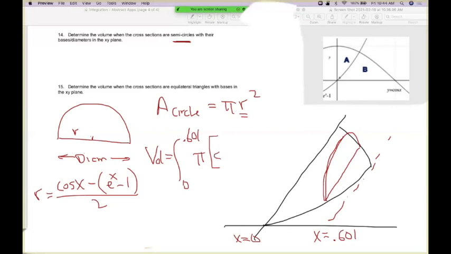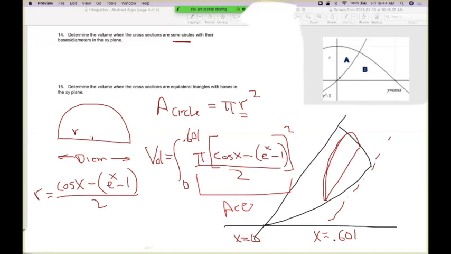We've got the cosine of x minus this quantity e to the x minus 1. There's pi r squared if this were a circle. Do not forget, we're looking at a semicircle, so we'll divide it by 2. And right there, this is our cross-sectional area. Last thing we've got to tack on is the thickness of this. We'll call that dx. And there you go. Put that into the calculator. What's your volume?